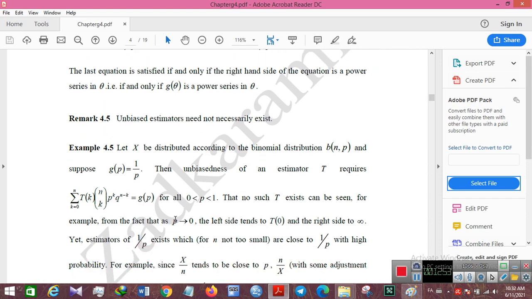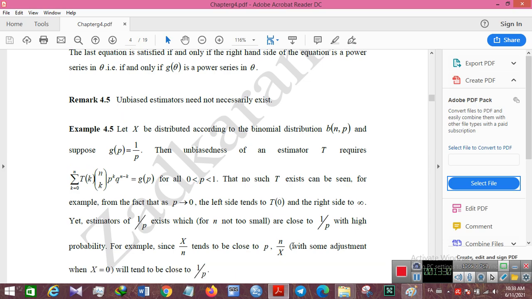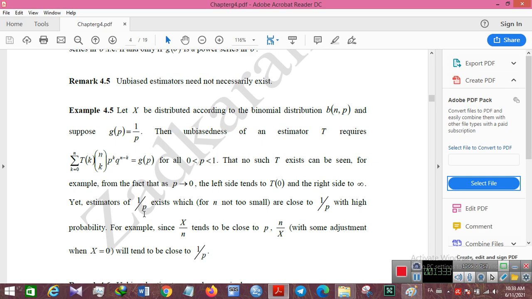And if you look at that, as p tends to 0, g(p) tends to infinity, and the left side tends to T(0). Therefore we have a contradiction, because T(0) is a finite value but the right side is infinite. So for 1 over p there does not exist an unbiased estimator.